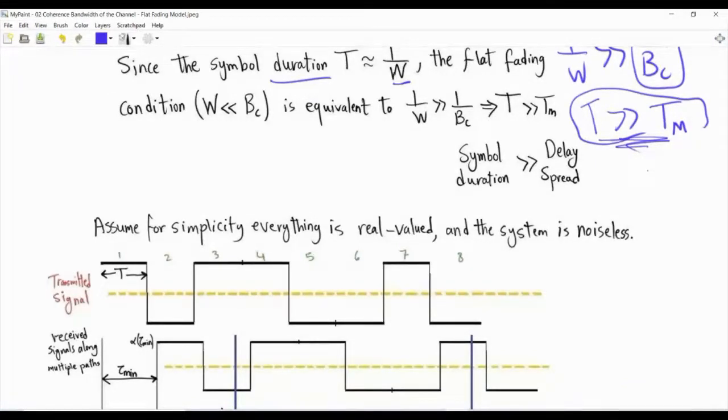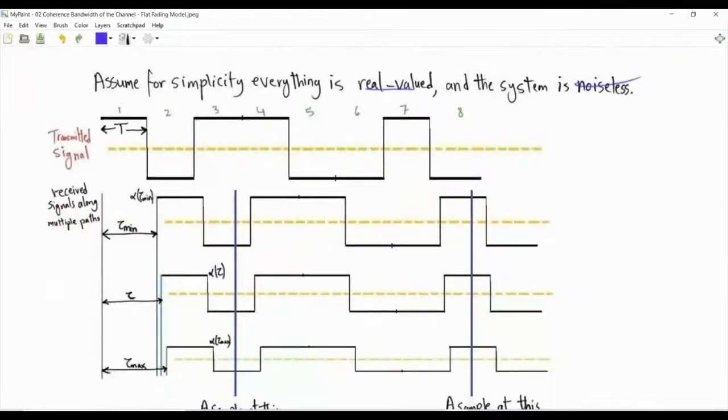In practice, the symbols are complex valued quantum constellations, and the channel itself must be modeled as a complex number, because it changes the magnitude and phase of the signal. But assume that everything is real valued, and ignore noise. In the receiver there is also noise added to the received signal. Ignore this.